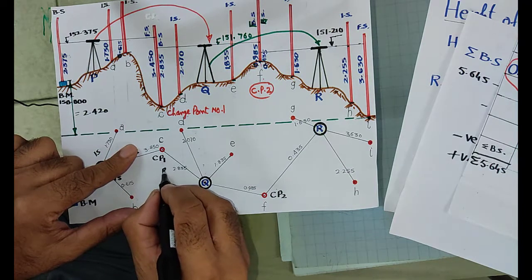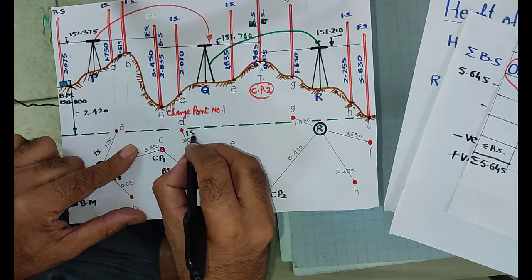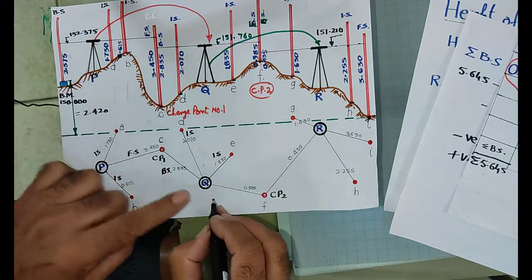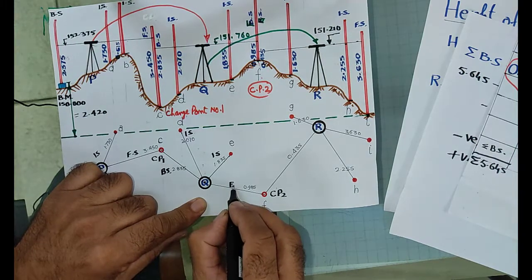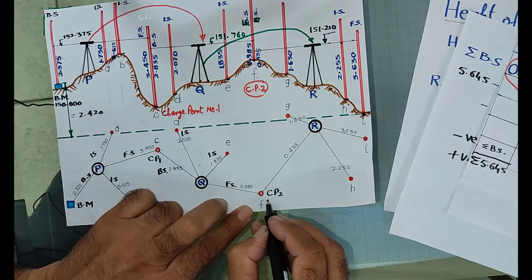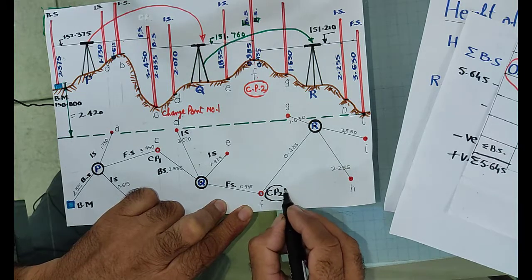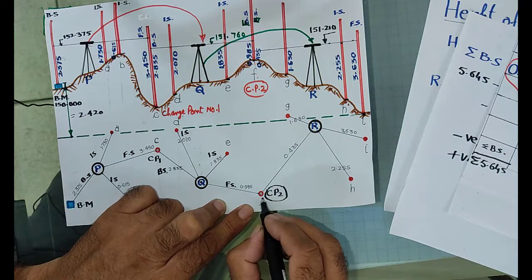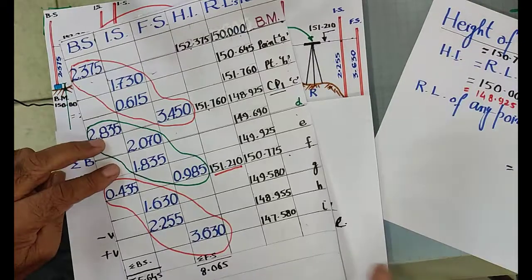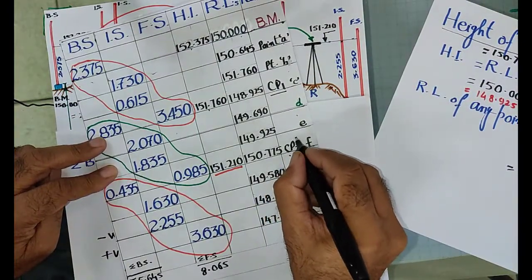This is your backsight. Then you have taken an intermediate sight, then at E again an intermediate sight, and you have taken the last reading of the setting at point F. This becomes your change point number 2, because you have taken the backsight and foresight over this. So again this point F is your change point number 2. You can record over here CP2.